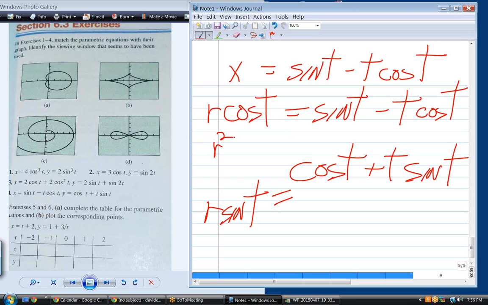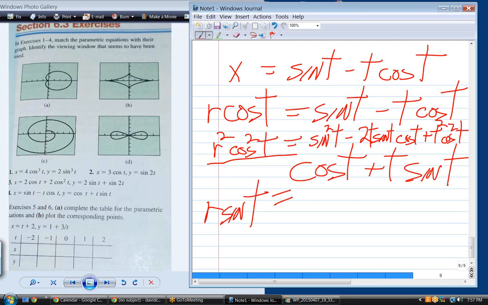It gives us r squared cosine squared of t equals, this isn't that easy to square, but it's a binomial, so we'll square it like we square any binomial: sine squared t minus 2t sine t cosine t plus t squared cosine squared of t.